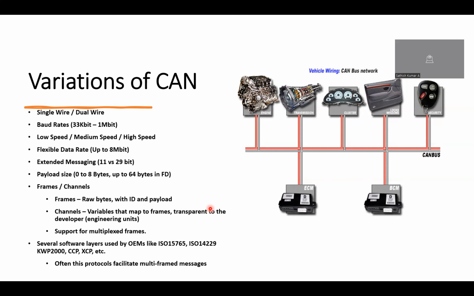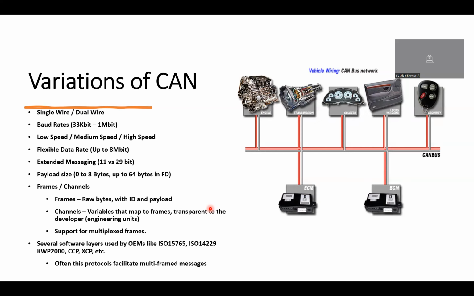Then we have several software drivers used by the OEMs for their standards. For the particular OEM products, they follow standards like ISO 15765, ISO 14229, KWP 2000, and CCP XCP. So these are the software layers which have been followed by the OEMs.